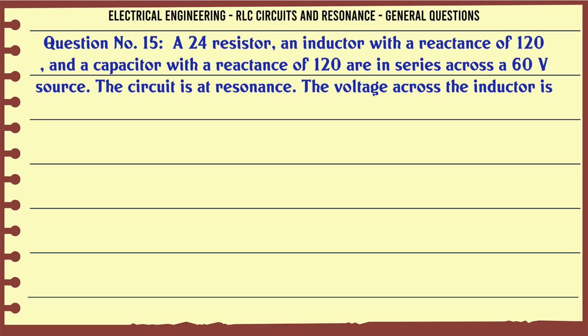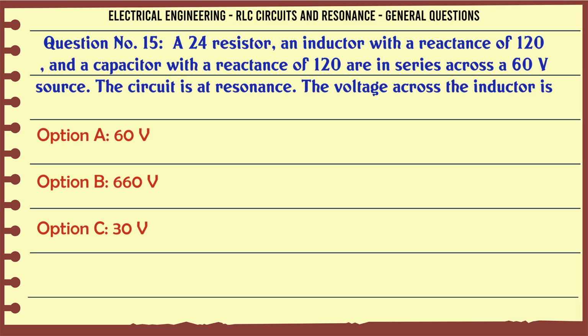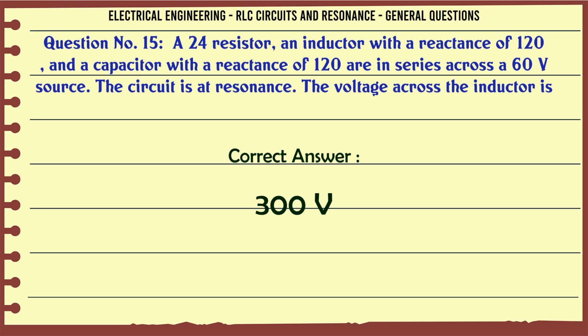A 24 Ω resistor, an inductor with a reactance of 120 Ω, and a capacitor with a reactance of 120 Ω are in series across a 60 V source. The circuit is at resonance. The voltage across the inductor is: A, 60 V; B, 660 V; C, 30 V; D, 300 V. The correct answer is 300 V.